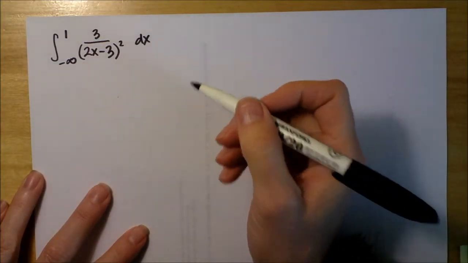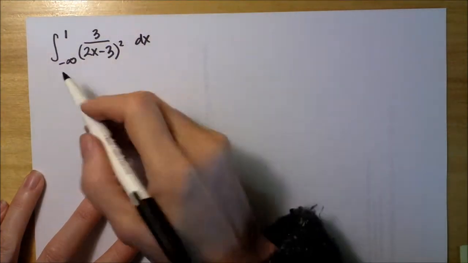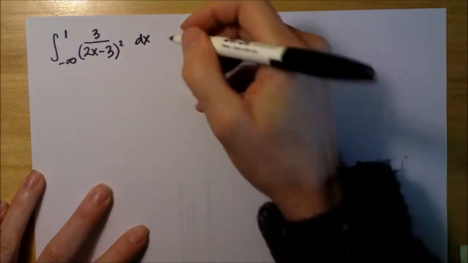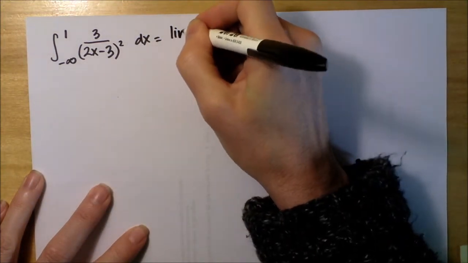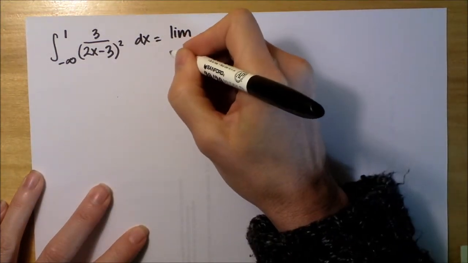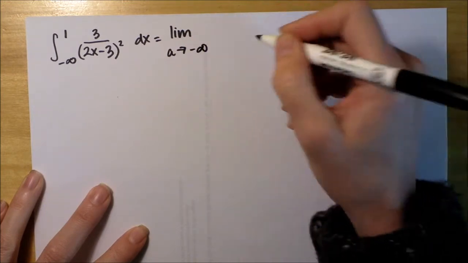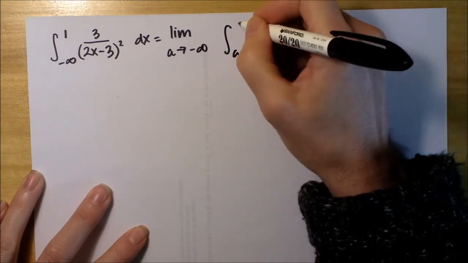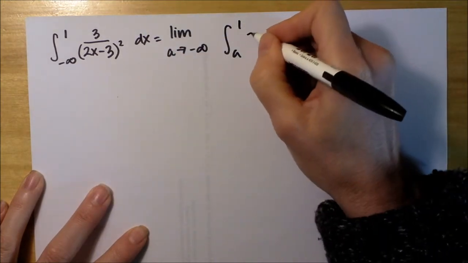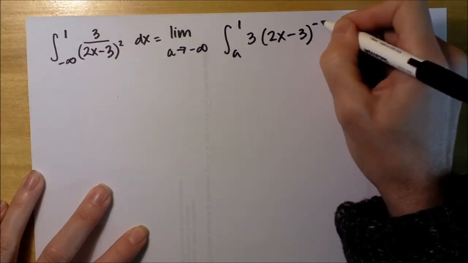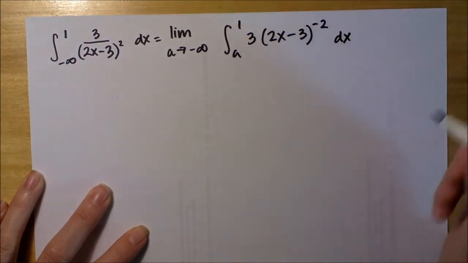Okay, now that we know what's going on, we see that the only place where this thing is improper is out to the left. So we need to replace that left boundary, we'll call it A since it's on the left, with the variable A. And so we'll look at this integral, and I'm going to write the integrand as 3 times 2x minus 3 to the negative 2, okay?